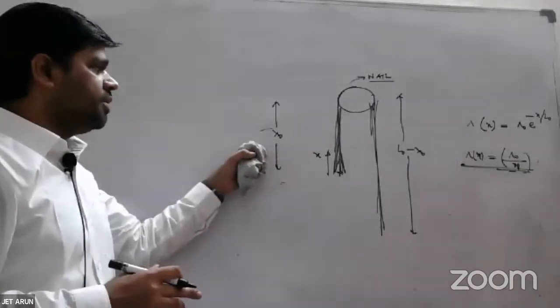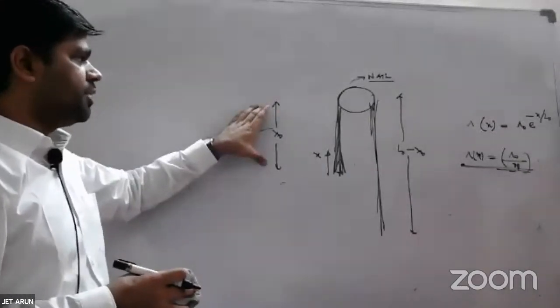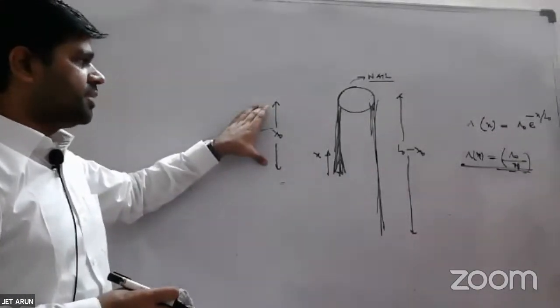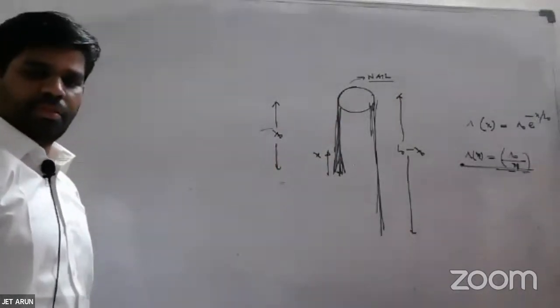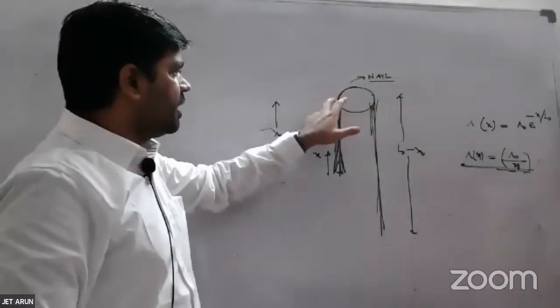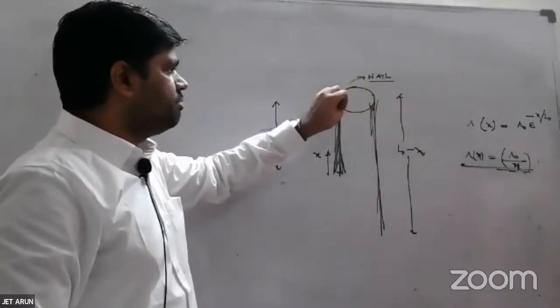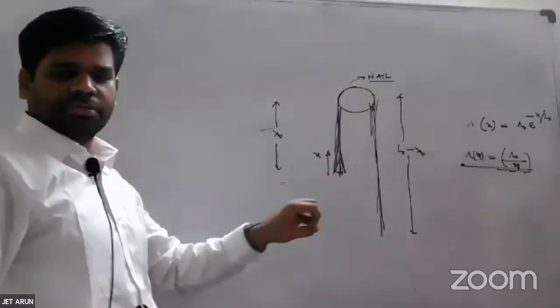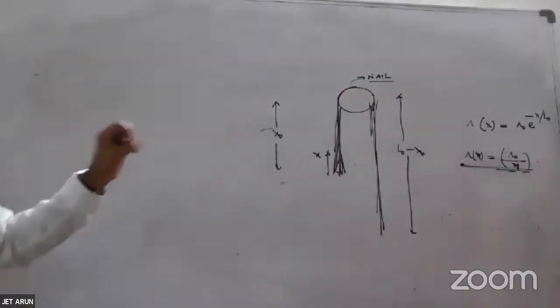So I have to find out x naught, how much part should be hanging over here on the left side such that it should be in equilibrium. All right. Neglect this part because it's a small nail. I just magnified this to draw the diagram. It's just to represent the diagram clearly.